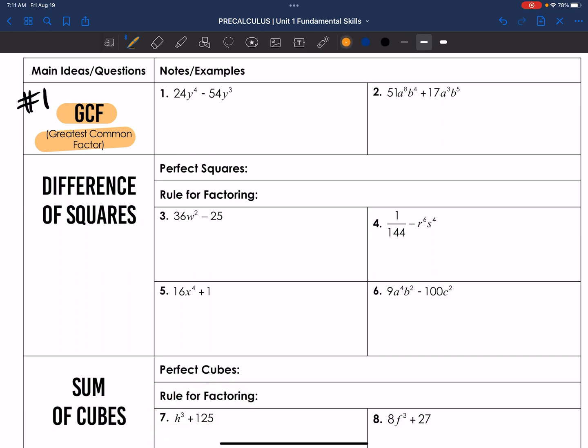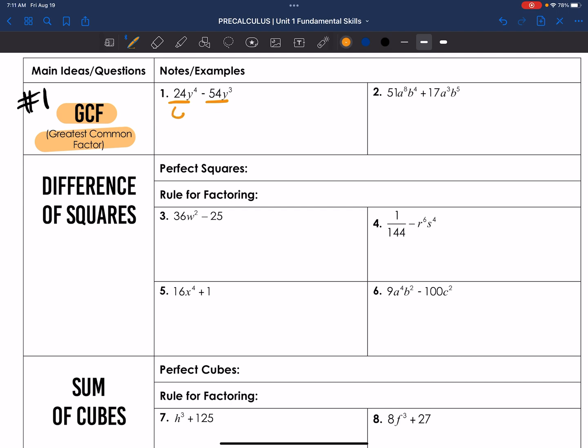So how do we factor a greatest common factor? Well, what we do is we ask ourselves, when we look at this term, 24y to the fourth power, and a negative 54y to the third, what number could I divide both of those numbers by? What is the largest number, the greatest number that is common to both?